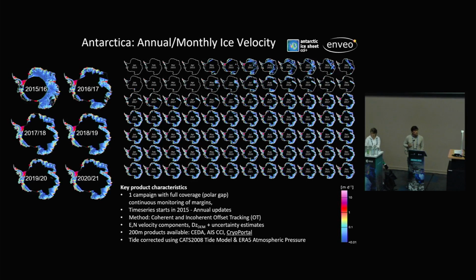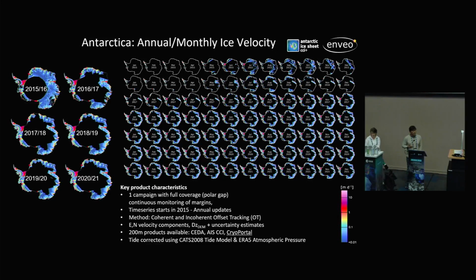And for each of the pixels, we have an uncertainty estimate. The product is posted in 200-meter pixel spacing, and especially for Antarctica, in contrast to Greenland and other ice caps, we have to apply other processing steps, which is probably not that well known.